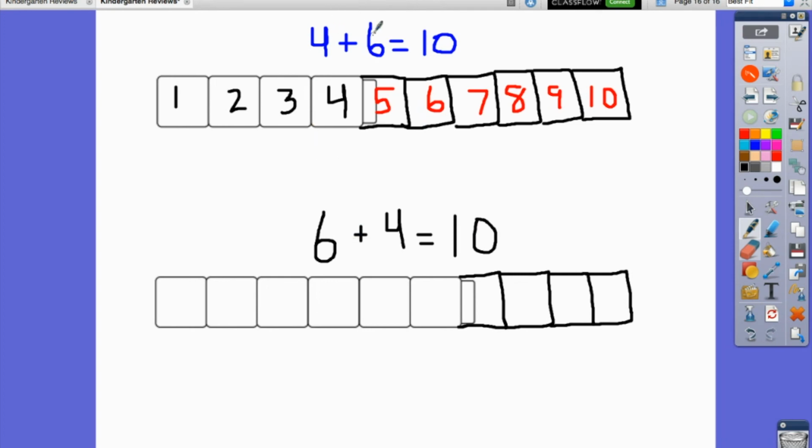We had 4 plus 6 equals 10, and 6 and 4 equals 10. That's right, we just used the same numbers, but we flip-flopped them back and forth. So 4 and 6, or 6 and 4. Those are the number partners that make 10.